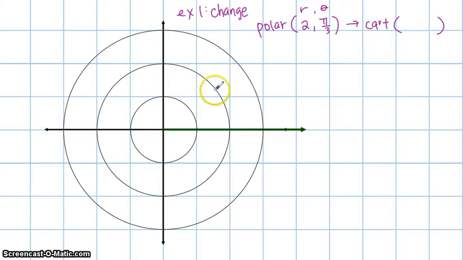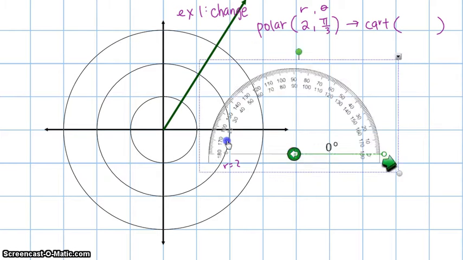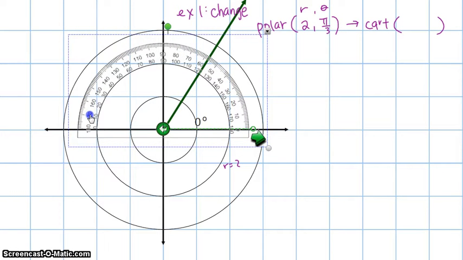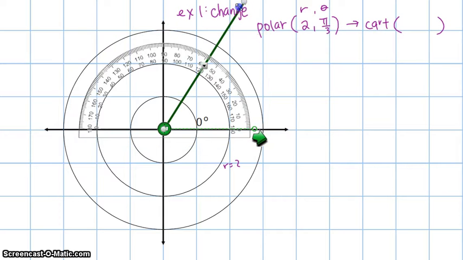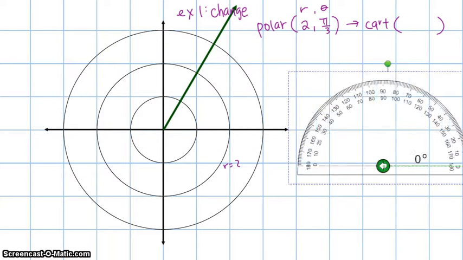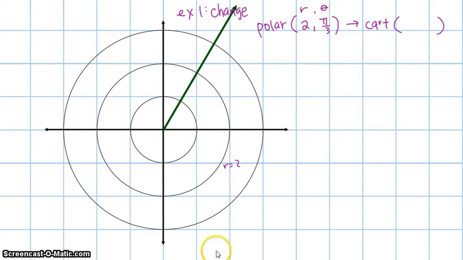So it's going to be on this ring right here, where r is equal to 2. And then my angle is going to be pi over 3, so that's going to be about 60 degrees. So I'm going to take this and move this to around 60 degrees. Actually, I have a protractor right around here. It looks like it's going to be 60 right there. Okay. So (2, pi over 3) is going to be this point here.